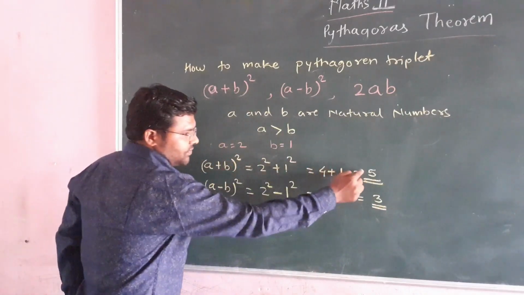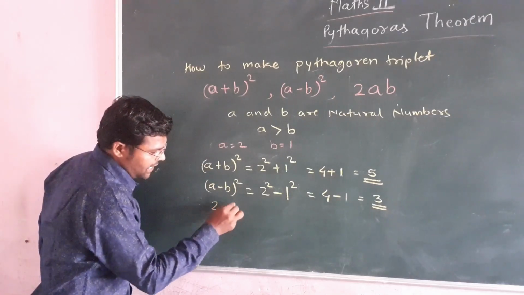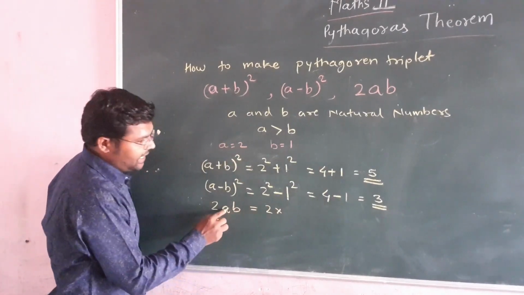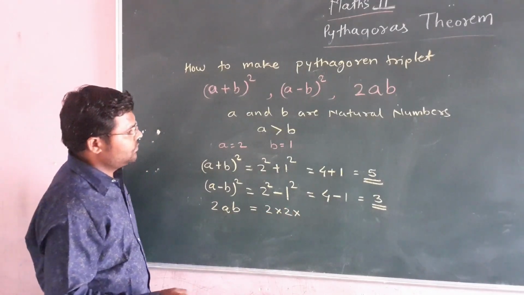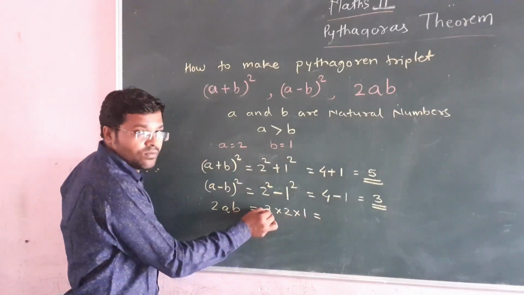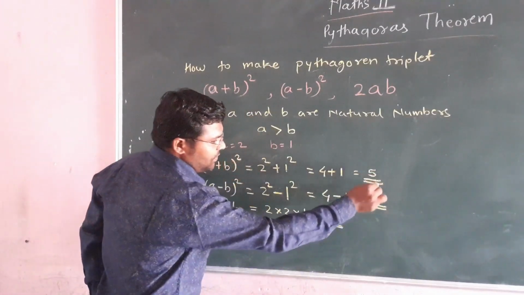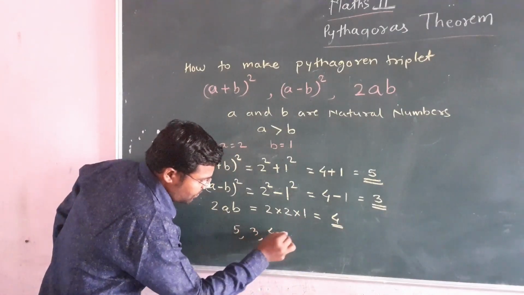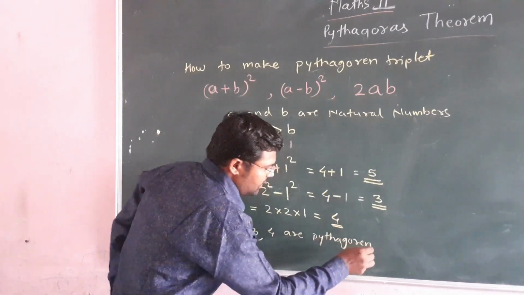The first number is 5, the second number is 3, and the last number, by the formula 2AB, is 2 into A, the value of A is 2, into the value of B, which is 1, so 2 twos are 4, 4 into 1 is 4. So the third number is 4. So 5, 3 and 4 are a Pythagorean triplet.